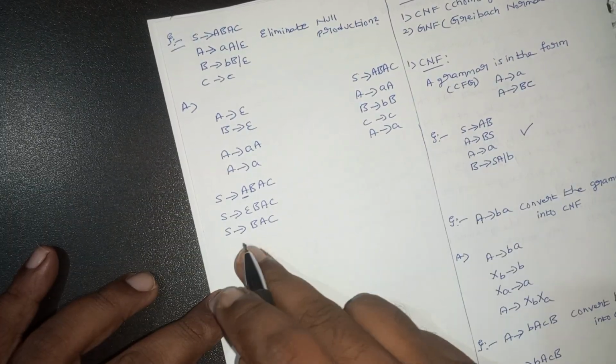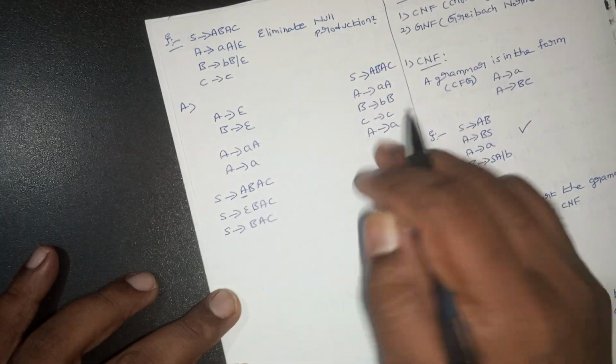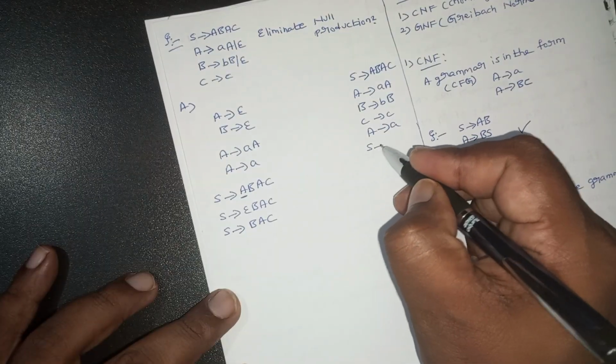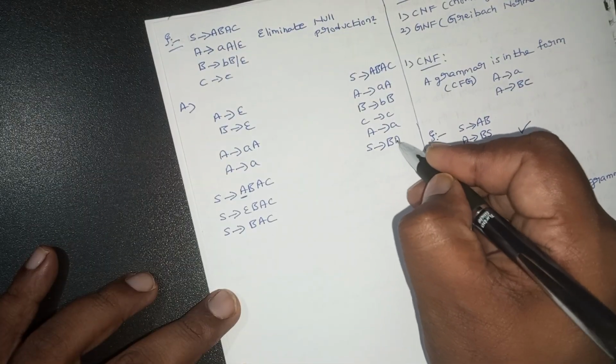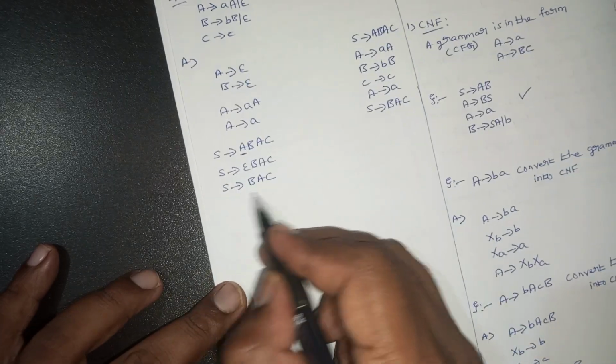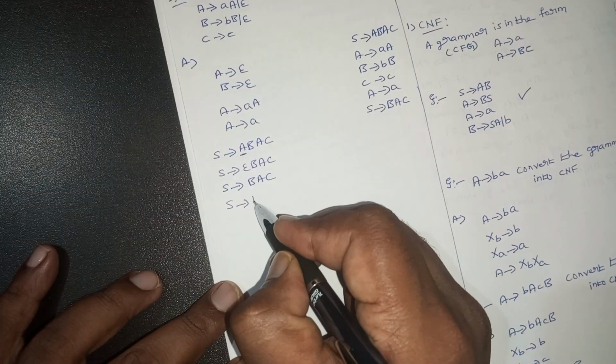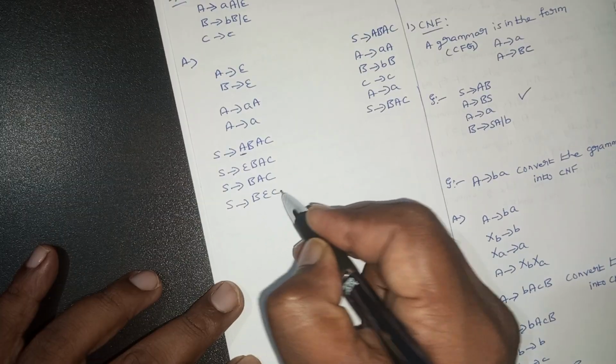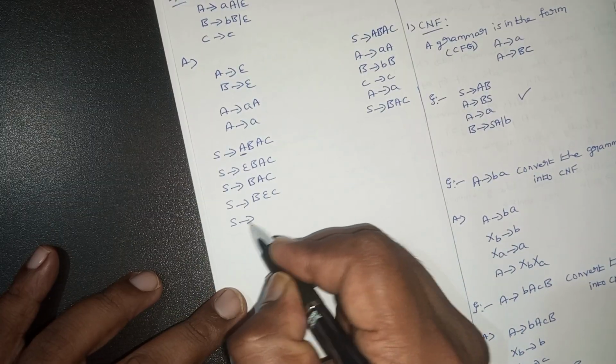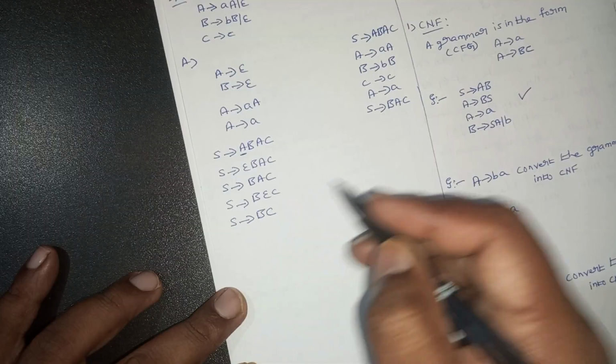Actually this you have to write above, I am writing below. So S tends to BAC. Again you replace, in the place of A you write epsilon. S tends to B epsilon C. So then S tends to BC will be the answer.